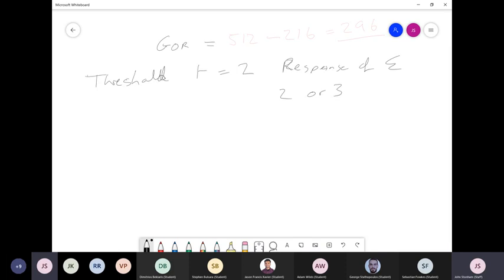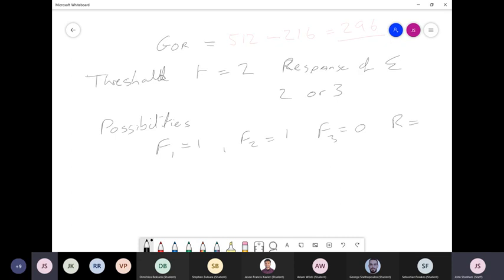So to calculate with a threshold of t equals 2, the possibilities: F1 equals 1, F2 equals 1, F3 equals 0.